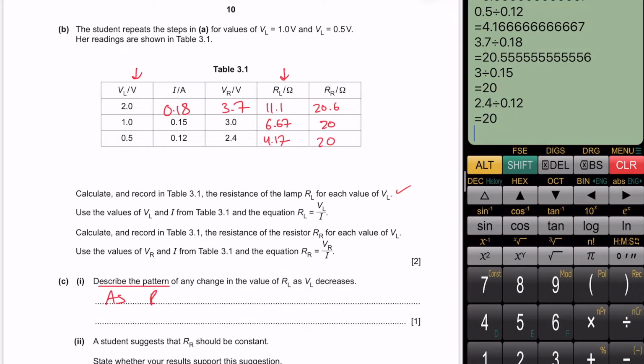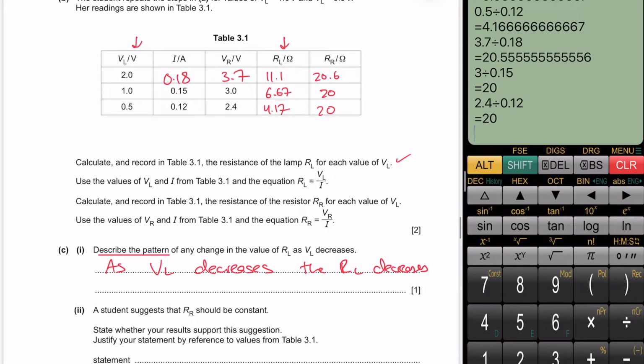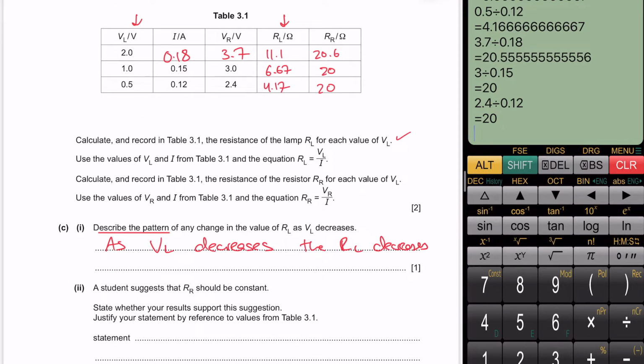So as VL decreases, the RL decreases. Part C2: the student suggests that RR should be constant. State whether your results support this suggestion. Justify your statement by reference to values from table 3.1.